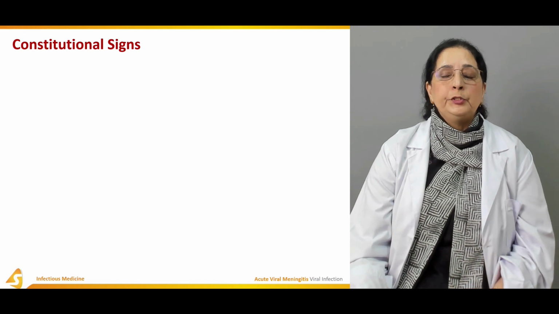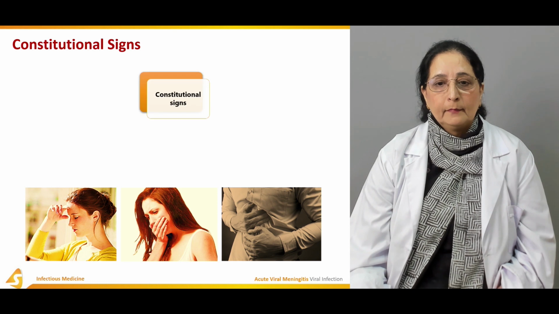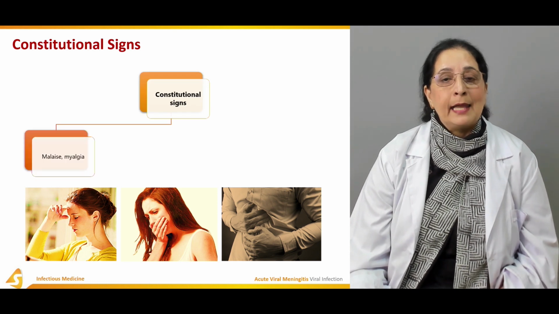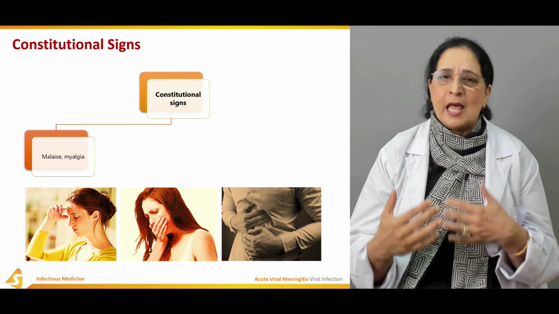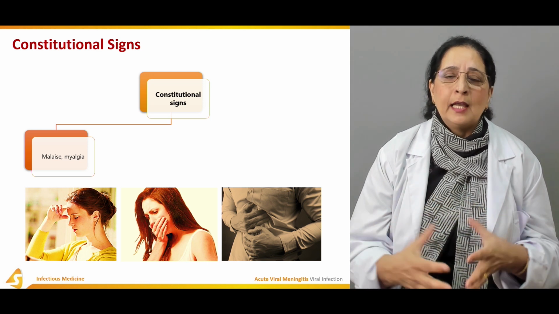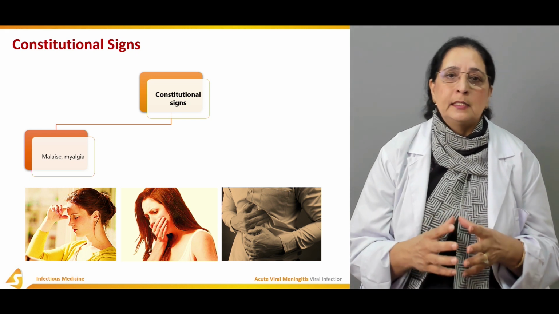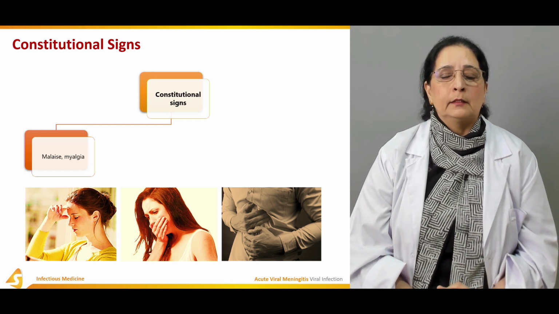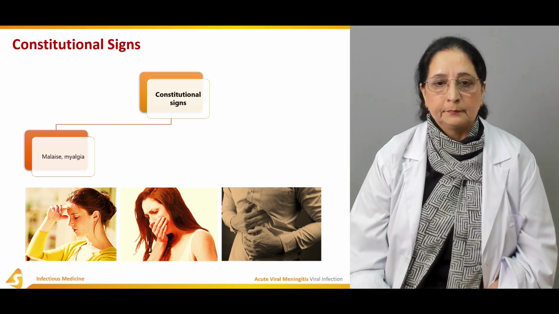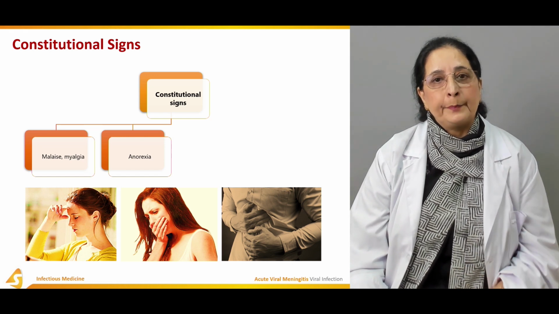Next, some constitutional signs associated with meningitis. These are malaise and myalgia. Patients have no energy, they have generalized body aches, that's myalgia, pain in the muscles and body, and they have lack of energy. Anorexia, which is lack of appetite.